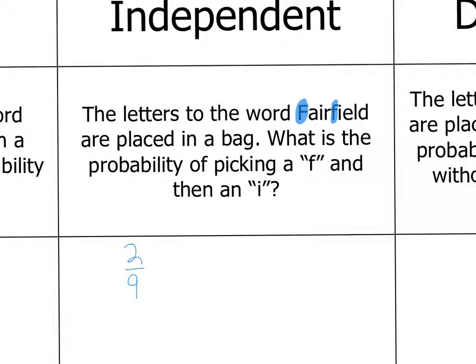And then the probability of getting an I, well, there are also 2 I's in the bag. So our two fractions are 2/9 and 2/9. So we'll multiply straight across since there's no simplification, and 2 times 2 is 4, and 9 times 9 is 81.